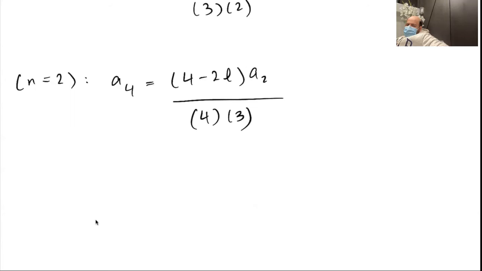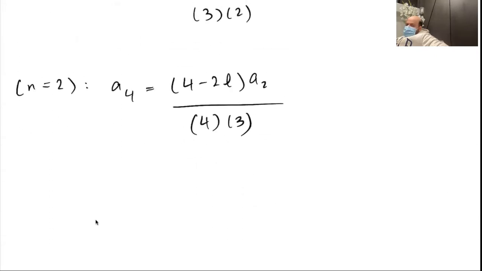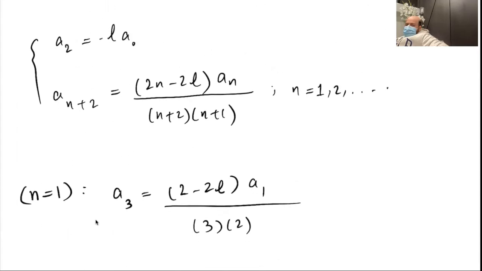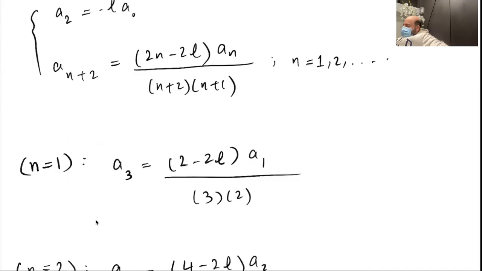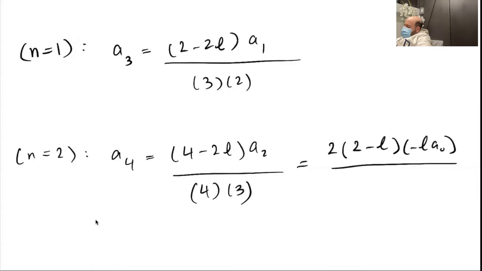Before calculating a5, let me simplify this first, because a4 equals (4 minus 2l) times a2 divided by 4 times 3, but a2 itself is minus l a0. And 4 minus 2l, I can write as 2 times (2 minus l). And a2 is minus l a0, divided by 4 times 3.